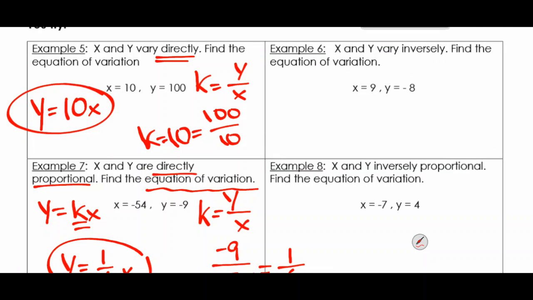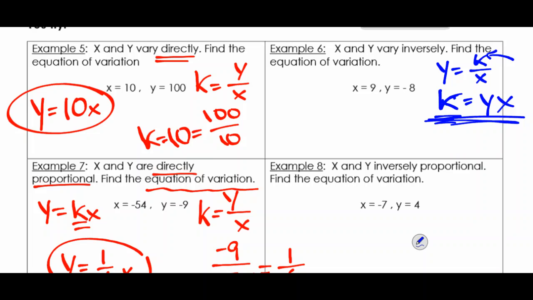When we have an inverse variation, we can really use either of these two equations. We can use y equals k over x, or you can use k equals y times x. Either of those is going to work to find your constant, to find this k. They're the exact same equation. This one, you just need to multiply.